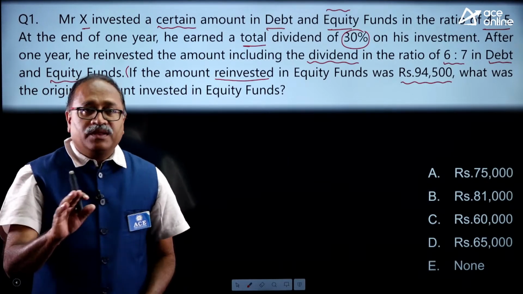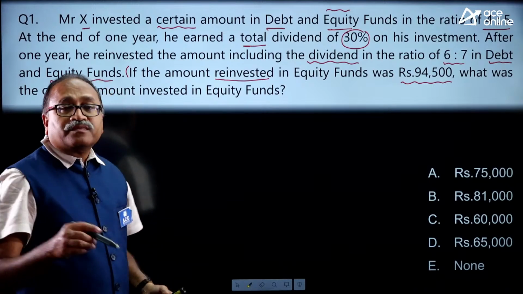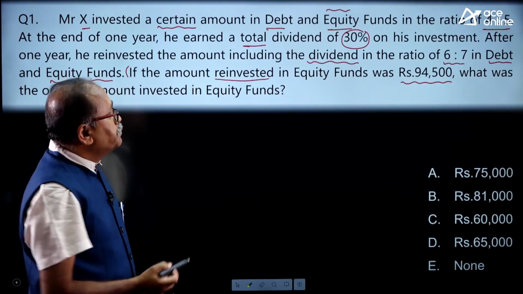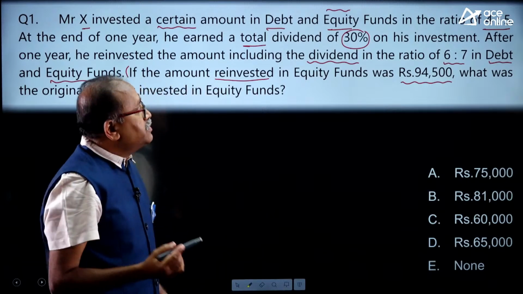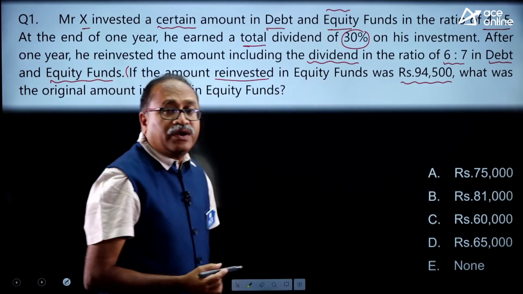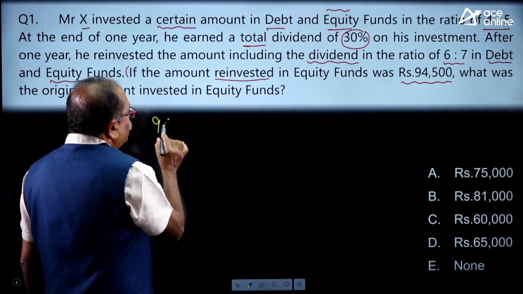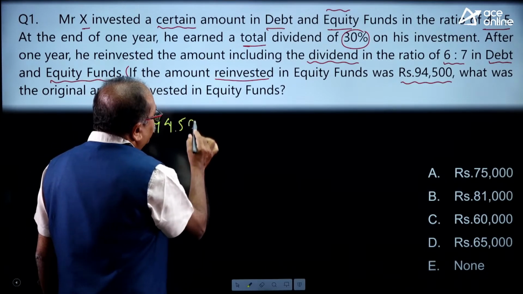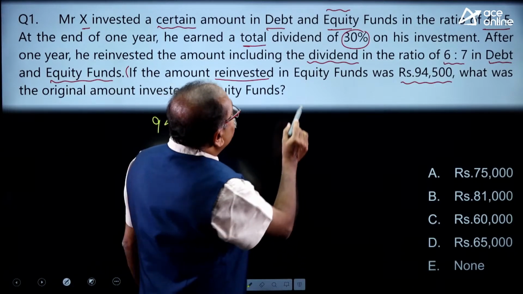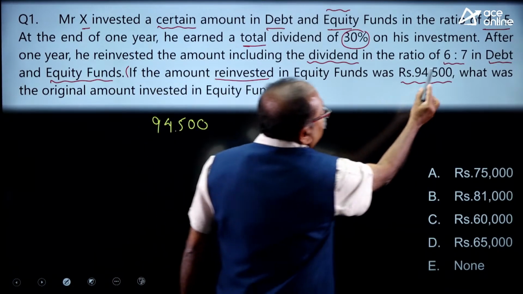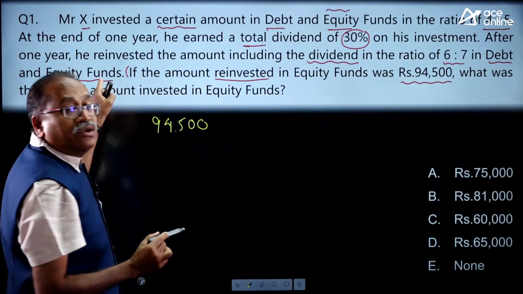Your time is up. I will start answering the question and then I will show you how to answer it. As I said, here I know 94,500 which is reinvested in equity fund. I will start with that figure. The reinvestment in equity fund is in the ratio 6:7 in debt and equity fund.